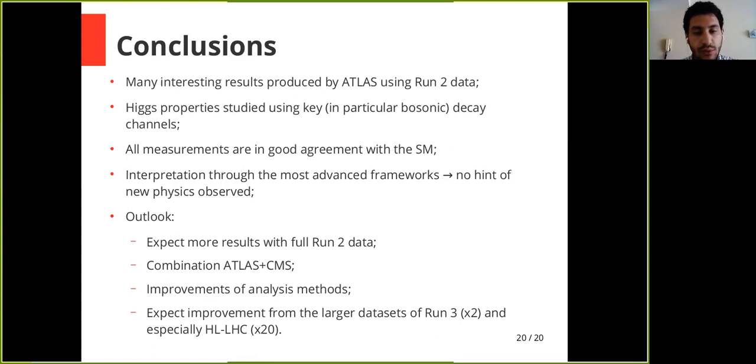We look forward to combining them with similar ones from the CMS experiment. The improvements on the precision of these measurements can come both from new analysis methods, but also from the larger data sets that we expect from the next LHC runs.